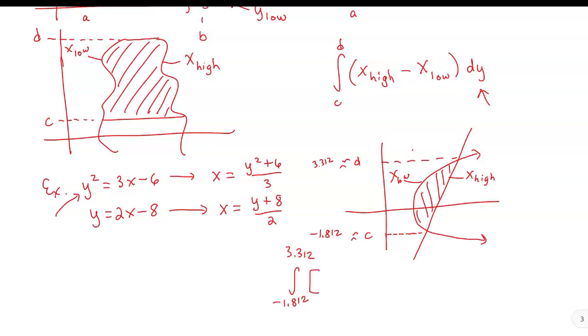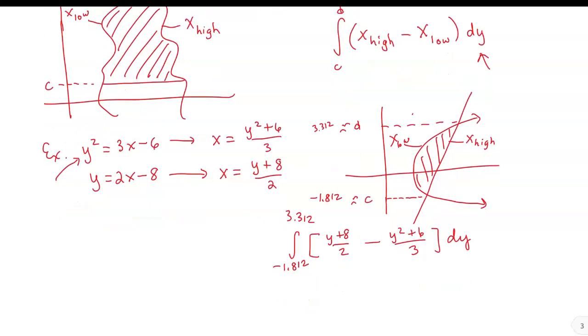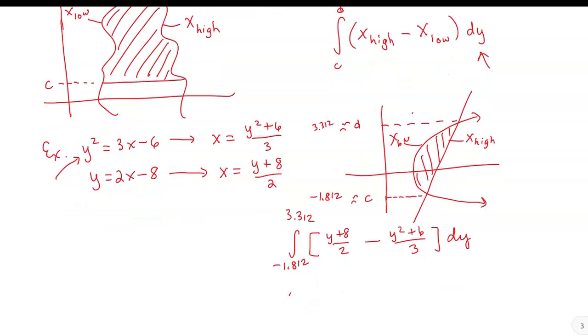Well, the high one is the line, so that's y plus 8 over 2, and then subtract the low one, which is the quadratic one, so that's y squared plus 6 over 3, and you're going to integrate with respect to y. We can use our graphing calculator for this one, and the result is about 7.472.